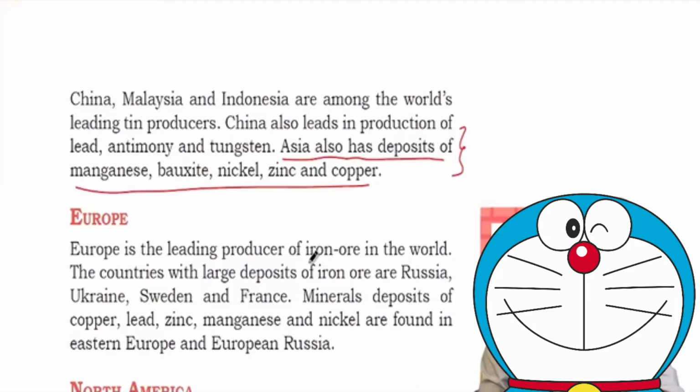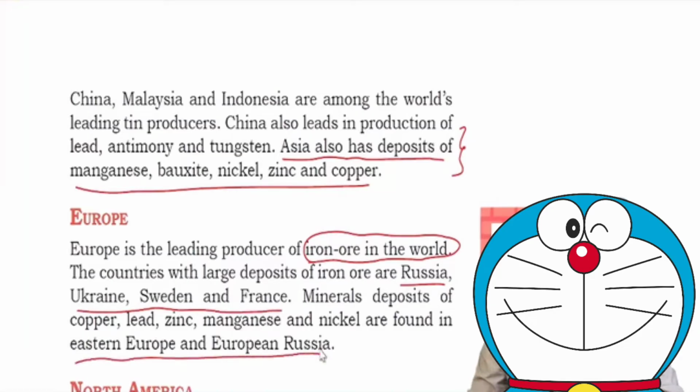Europe was the leading producer of iron ore in the world. Today the statistics has changed. Yes, Europe is still producing, but along with Europe, India and Australia are also producing iron ore. The countries with large deposits are Russia, can you see? Ukraine, Sweden and France. Minerals are present in Eastern Europe and European Russia.